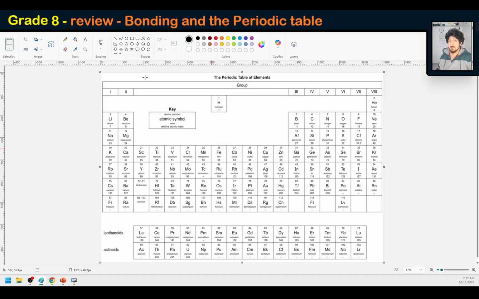Metals are hard, sonorous, shiny and lustrous. Non-metals are brittle and dull, and they don't conduct heat and electricity very well. But then we've got this group of elements over here that are between metals and non-metals, and we call these metalloids.